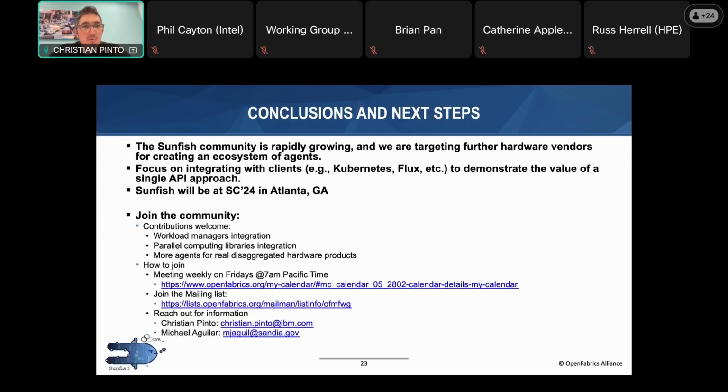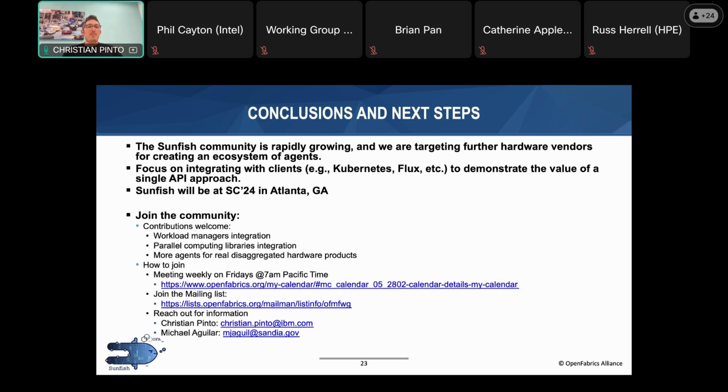So to conclude, the Sunfish community is rapidly growing. We've been attracting a number of users lately, and also hardware vendors. A big focus for us is creating an ecosystem of Sunfish agents. Now we want to move into integrating with clients.